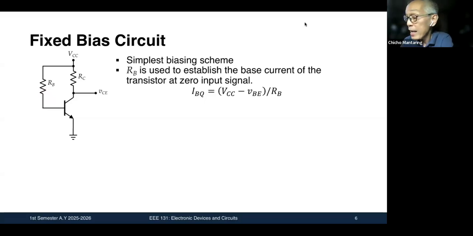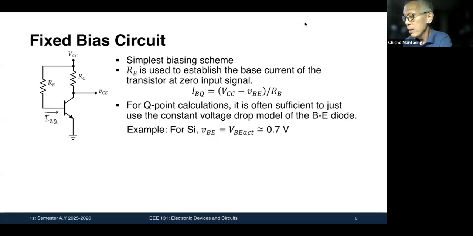So we might say that IBQ, the quiescent base current, is VCC minus VBE divided by RB.